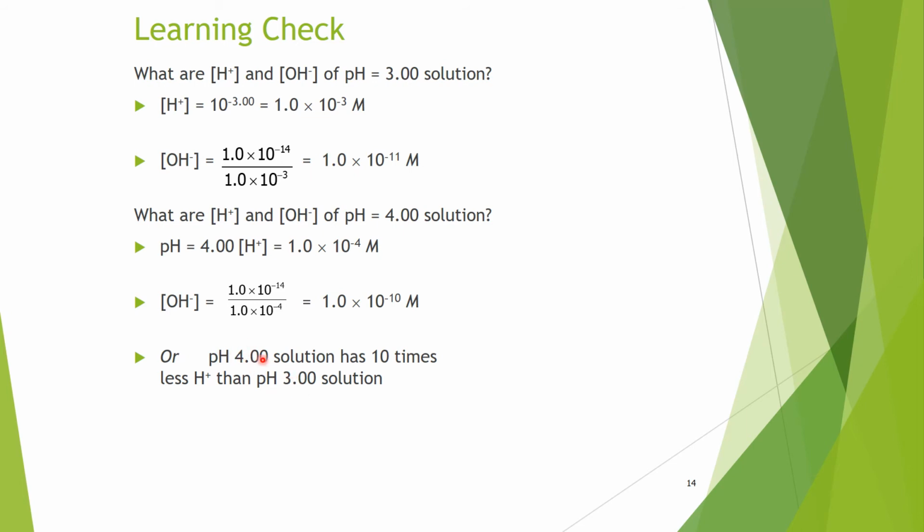So if this was a pH of 5 and this was a pH of 3, the difference between their H plus concentrations would be 100. If one was pH 6 and the other was pH 2, the difference would be 10 to the 4th, or 10,000.